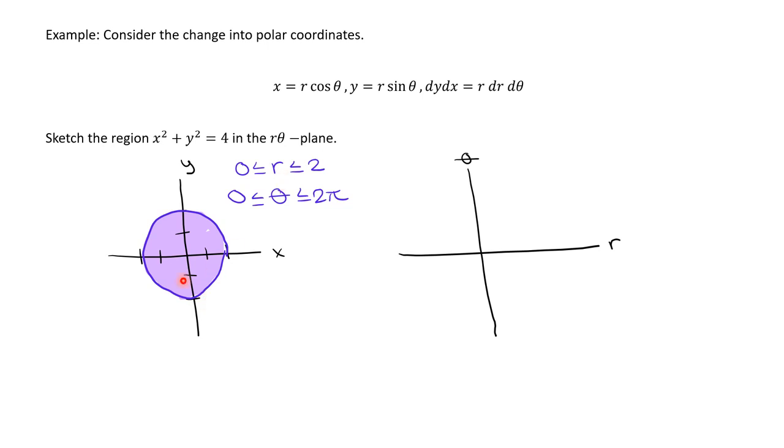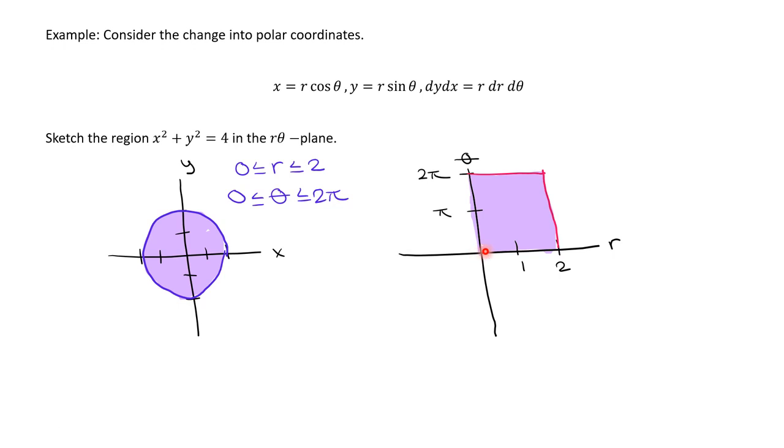We can describe this set of points that I've shaded in polar coordinates as all points with r values from 0 to 2 and theta values from 0 to 2 pi. So we could actually take this description, r from 0 to 2, theta from 0 to 2 pi, and draw this in an r theta plane. Basically what I've done here is I've drawn an r-axis and a theta axis.